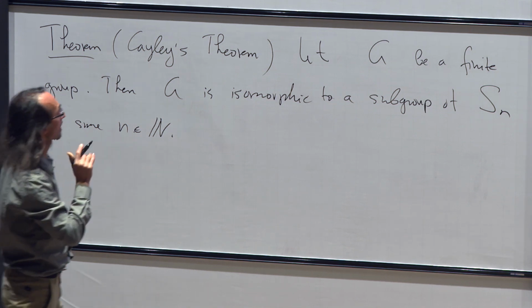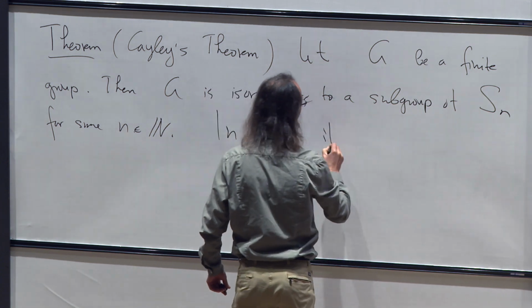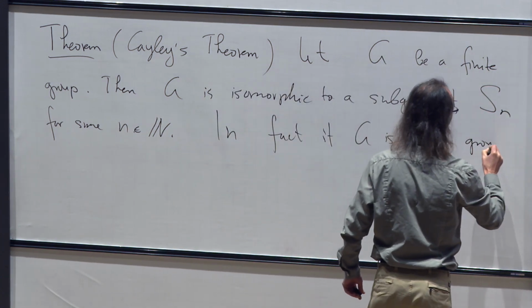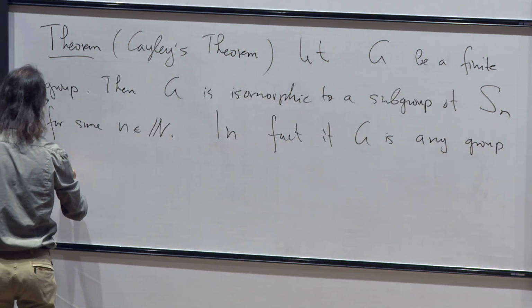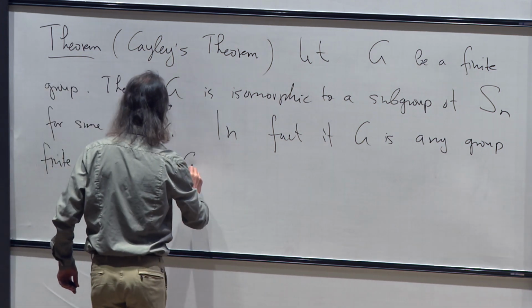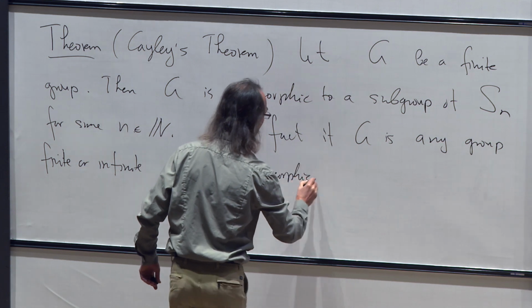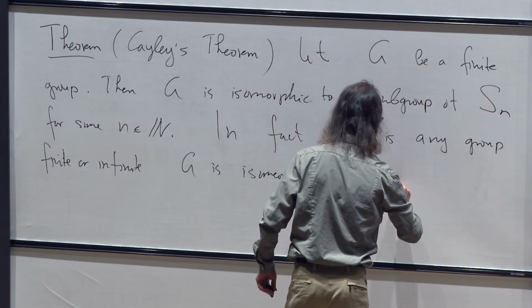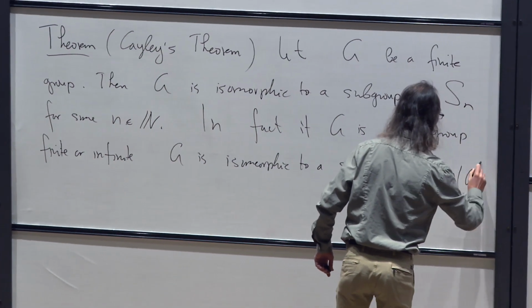If G is infinite, we can only deduce that, in fact, if G is any group, finite or infinite, G is isomorphic to a subgroup of Sym of G.